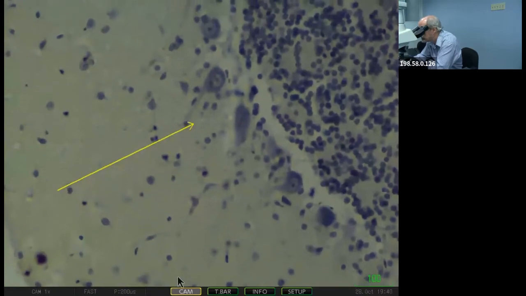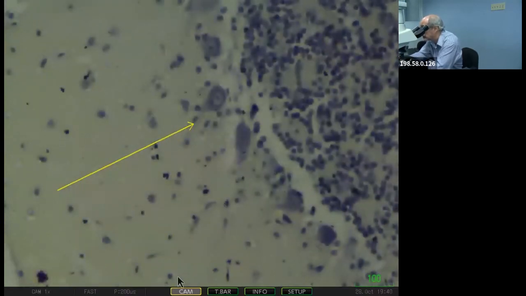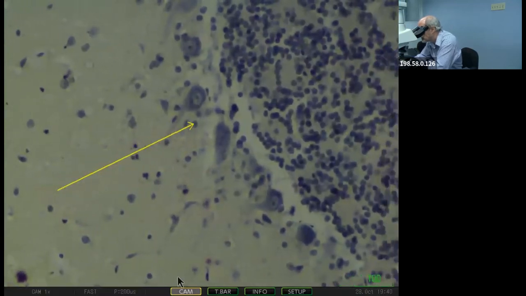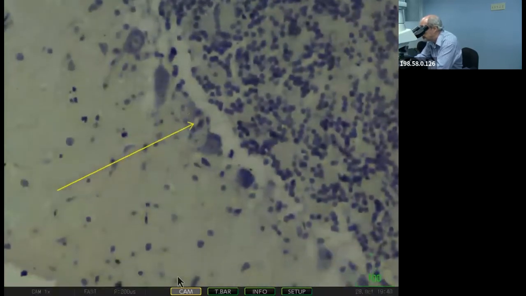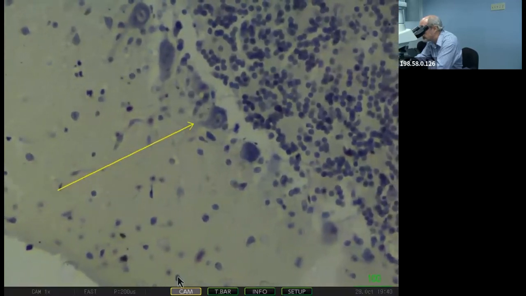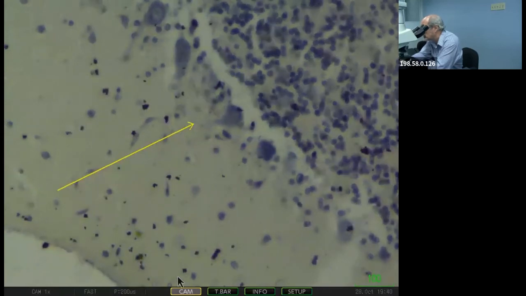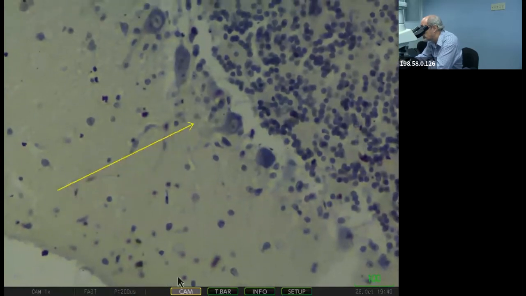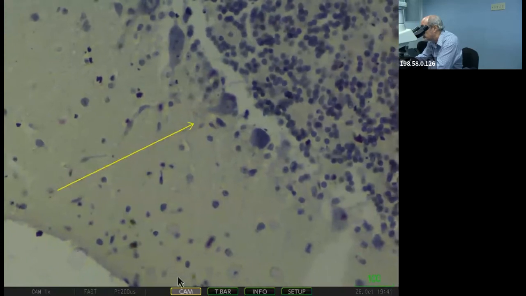And you have another one here. This one is a little bit distorted, but you see you have the main dendrite here. It will divide into two little branches, one here and the other one at this level here. Okay?